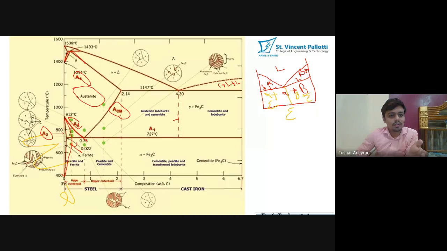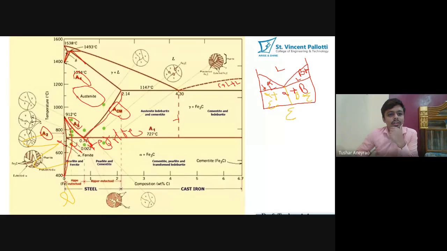After A2 here, you are going to get ferrite. Means this alpha ferrite in this region, a pure ferrite, we will call ferrite only in this region, right? Then ACM, this is the transformation line for cementite. After this line, you are going to get what? Cementite.